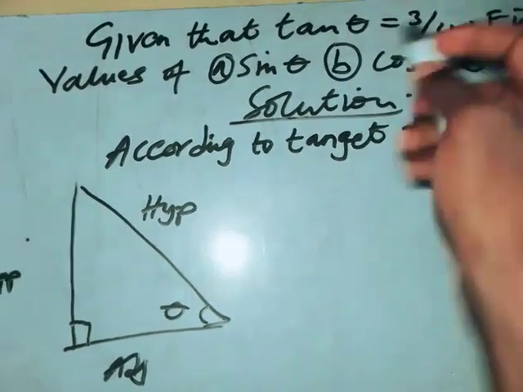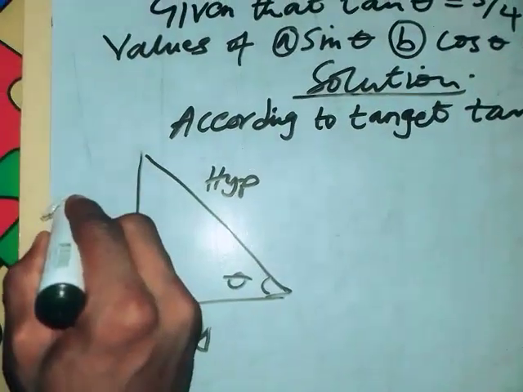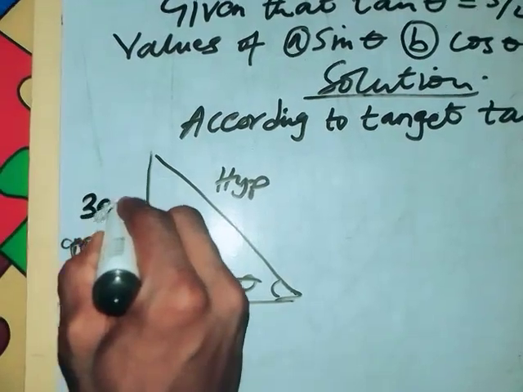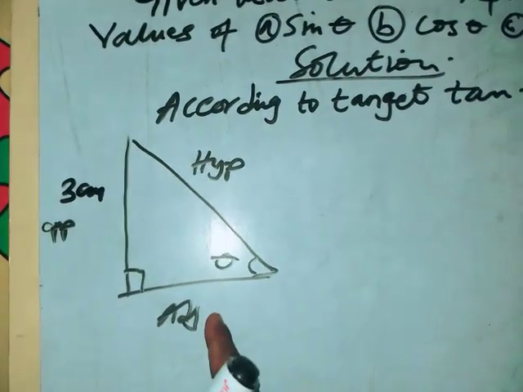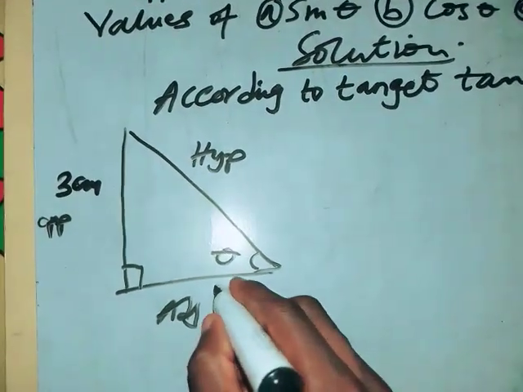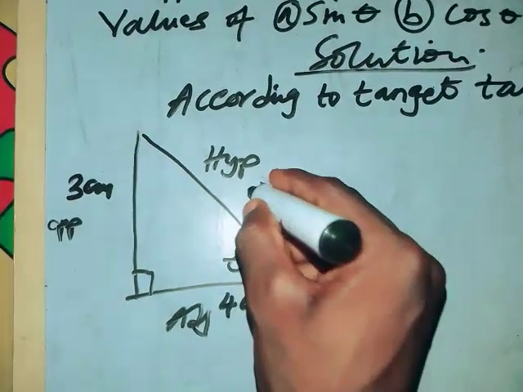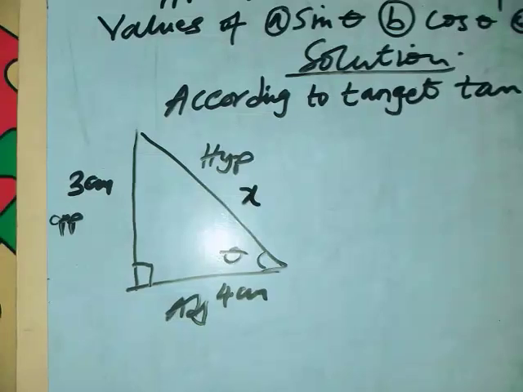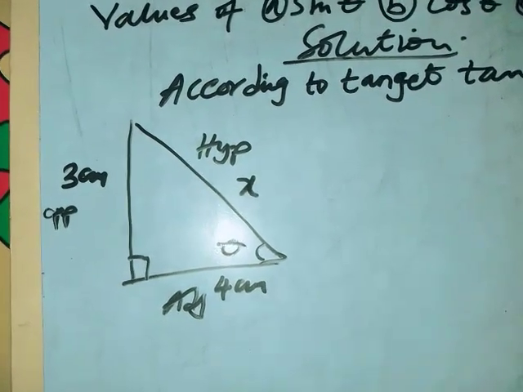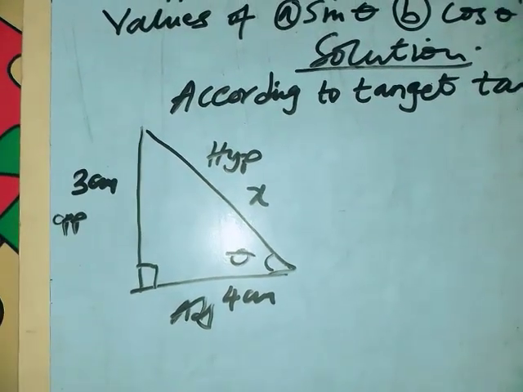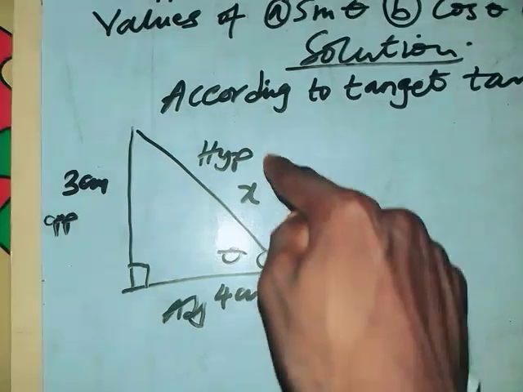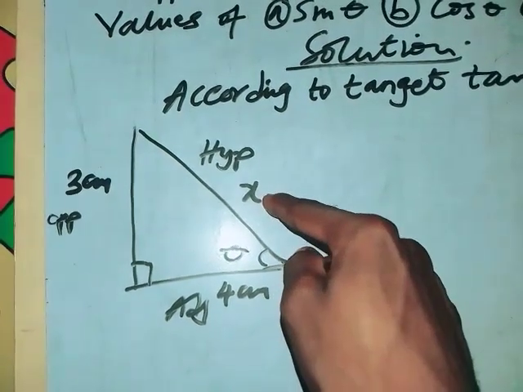Our opposite is 3 centimeter, and our adjacent is 4 centimeter. Now this side is unknown, so you can call this x. I hope you are following me.